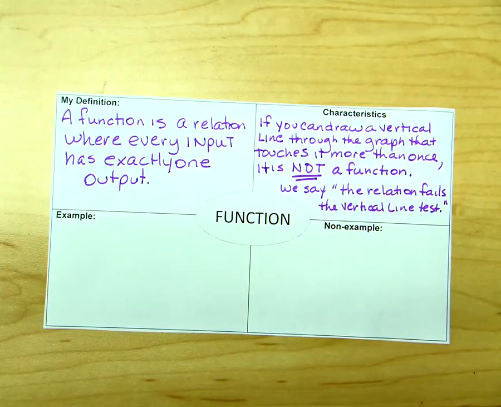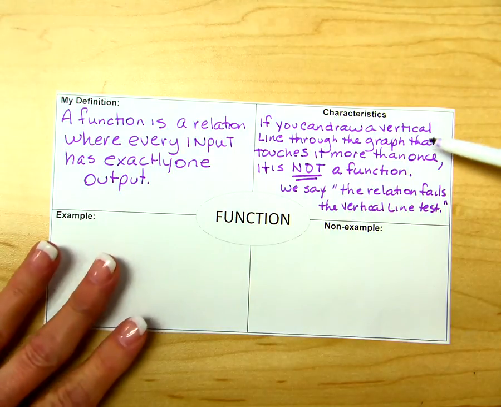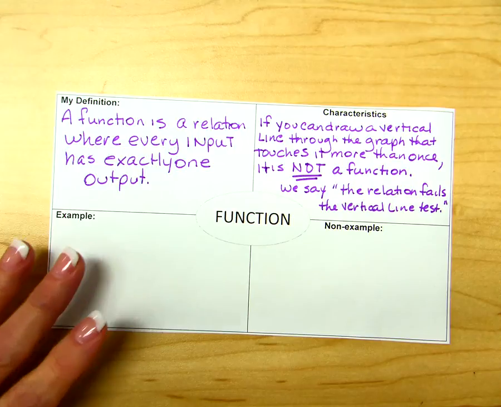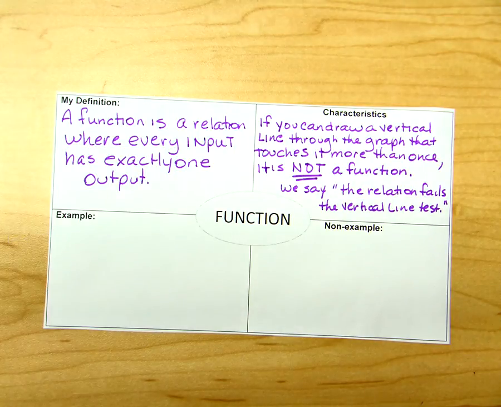If we have a situation where the vertical line hits the graph more than one time, then it fails the vertical line test and it is not a function.